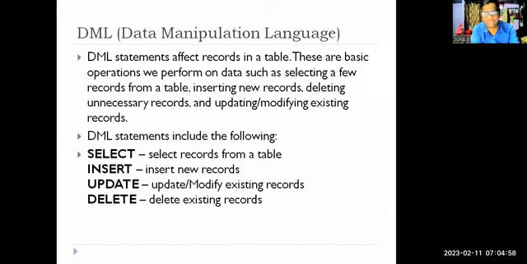These are the basic operations we perform on the data, such as selecting a few records from the table, inserting records, deleting unnecessary records, and modifying or updating your existing records.